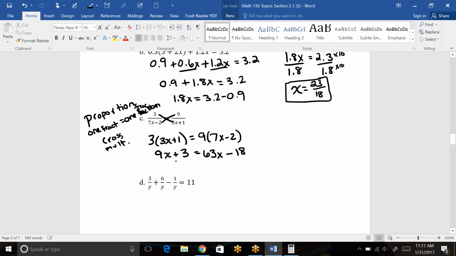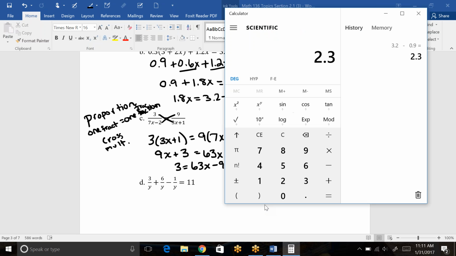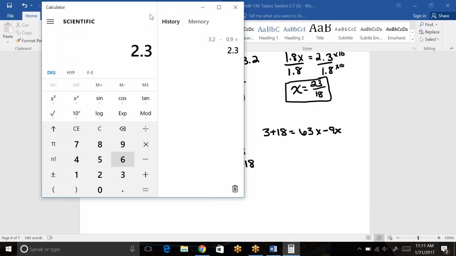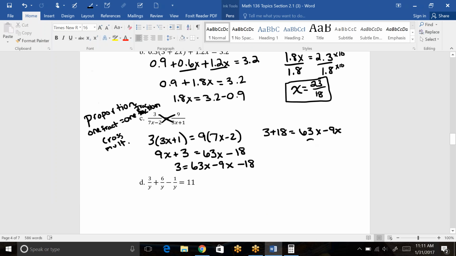We need to get our x's on the same side, so I'm going to subtract over the 9x to be with the 63. And I also need to move the 18 over, so I'm going to add it to the other side. Notice I'm not doing it underneath, I'm just writing it as one step at a time, using the opposite signs. Then we combine our terms, so 63 minus 9 is 54.